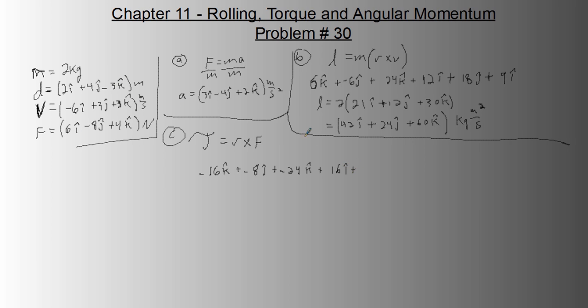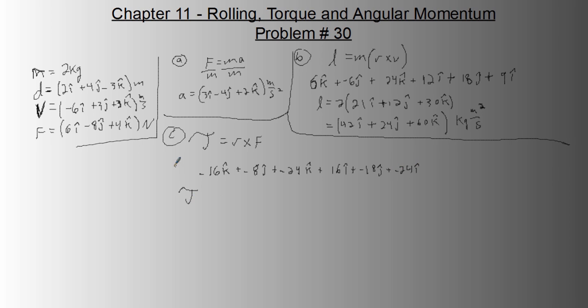Now, 3 times 6 is 18. Away and to the right is down, so negative j. 3 times 8 is 24. Away, down is to the left, so that's negative i.